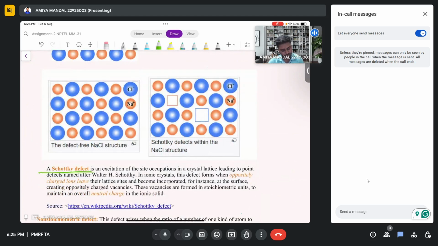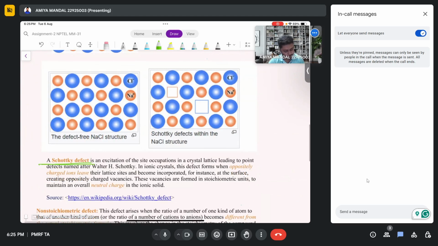Schottky disorder is what? Schottky disorder is where two oppositely charged ions leave the lattice sites. Here, the two oppositely charged ions are sodium and chlorine. If these two leave their sites, you can see that chlorine has been left here and sodium has been left here.